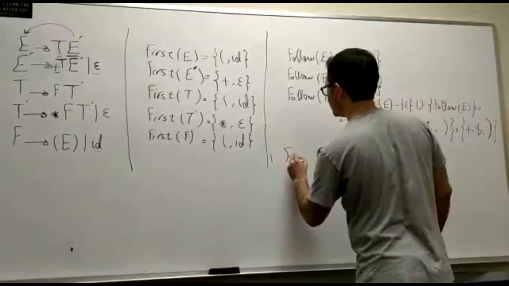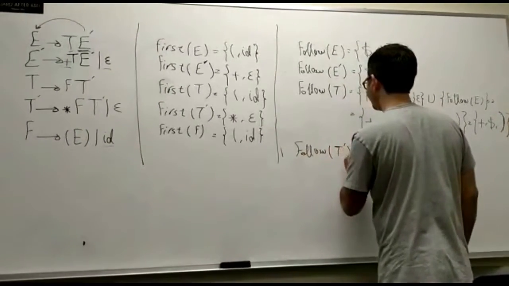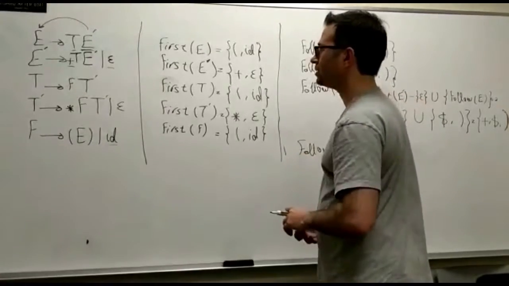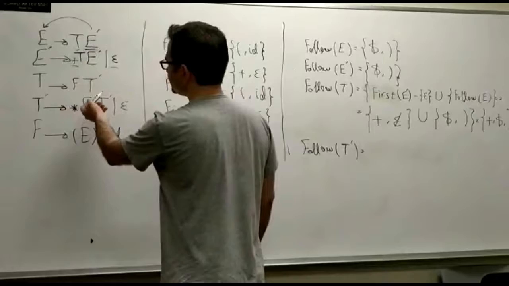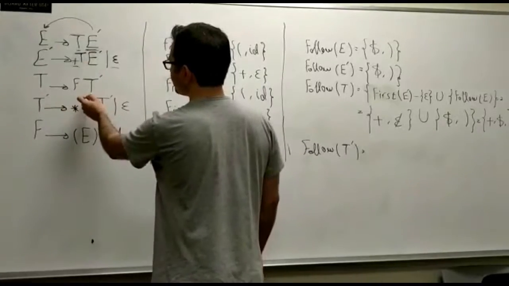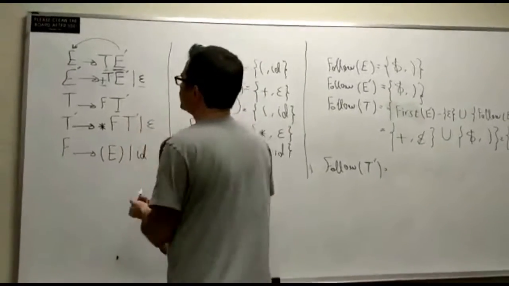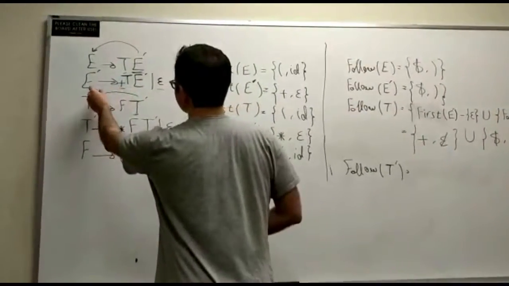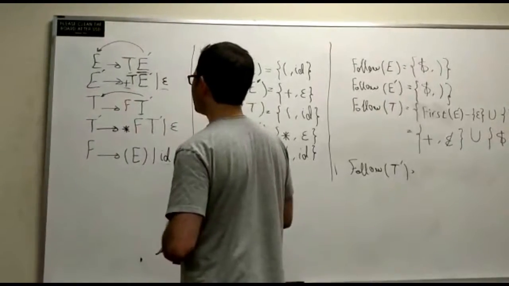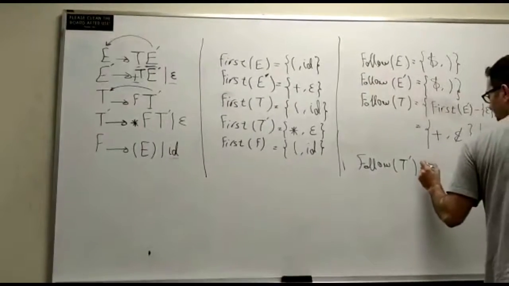The next symbol is follow of T prime. So what is the follow of T prime? Again, you should find the T prime. As you can see here, in this case there is nothing on the right side of the T prime, so we should go back to T. So what is the follow of T? We have it right here.